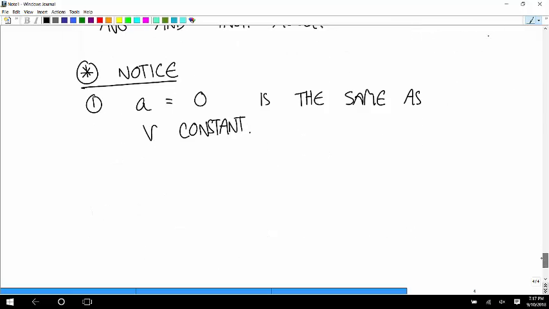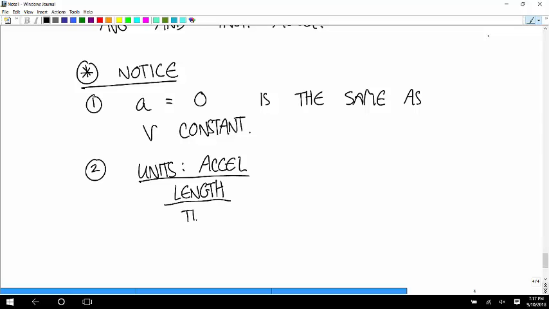And then the second thing, the units for acceleration are length over time squared.